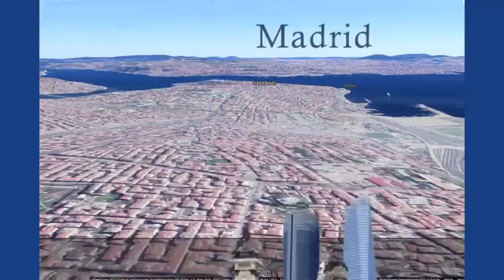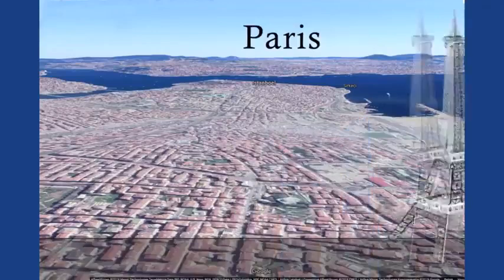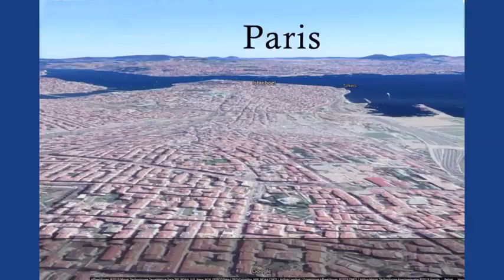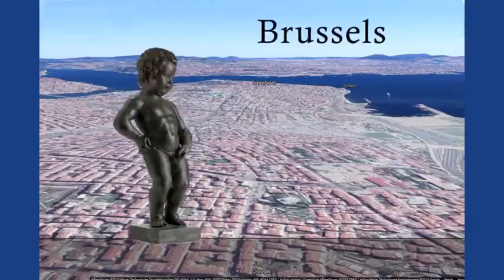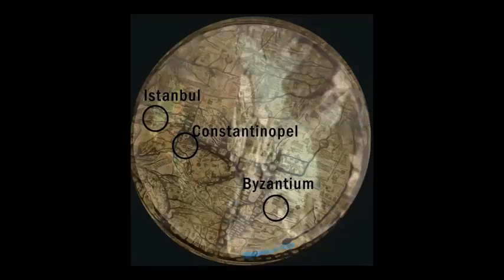Sure, so that would be the same like saying Brussels used to be called Madrid, and then 200 years later they changed their name into Paris, and now they call Brussels again. Sure. So this is our first piece of evidence of the falsification of history, Constantinople.